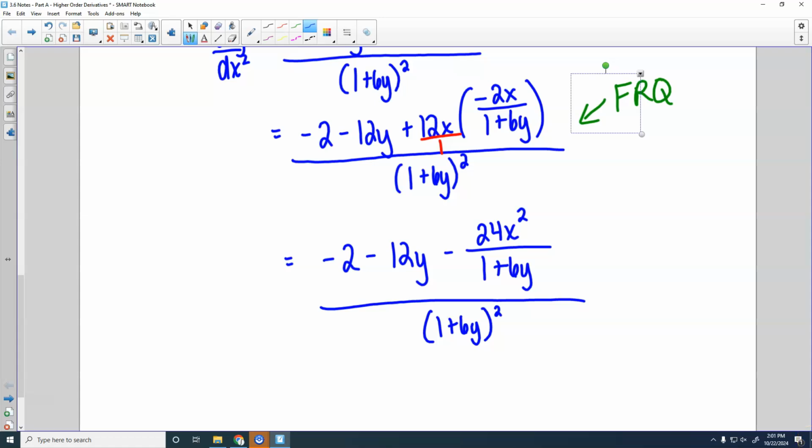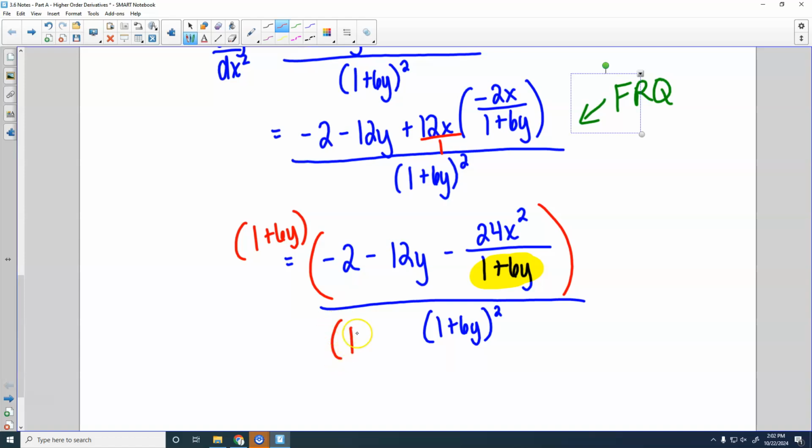So what we want to do for this one, if I need to get rid of a denominator, I can multiply through by that denominator. So I can take the numerator and multiply by 1 plus 6y. But if I multiply the numerator by 1 plus 6y, what must I do to the bottom?